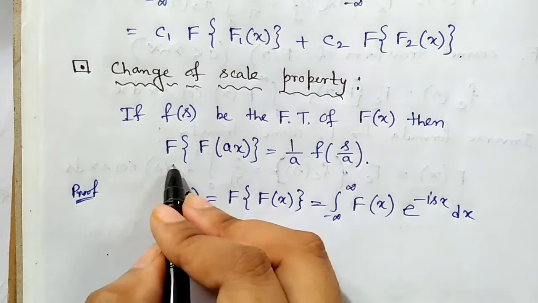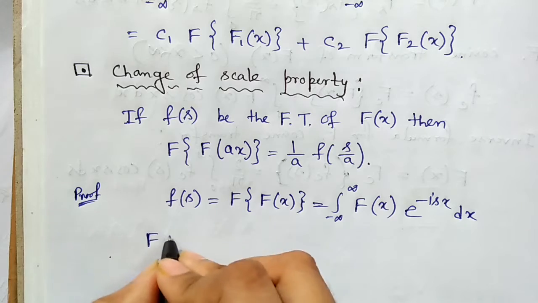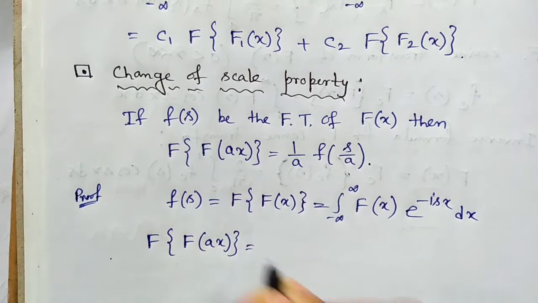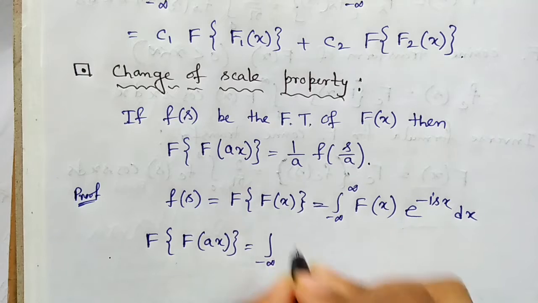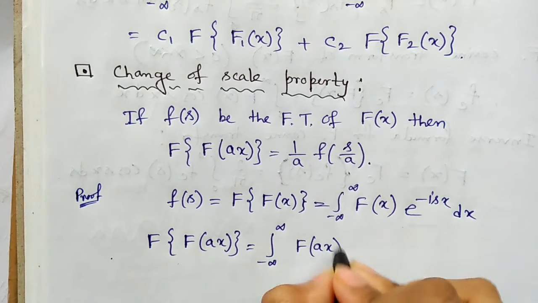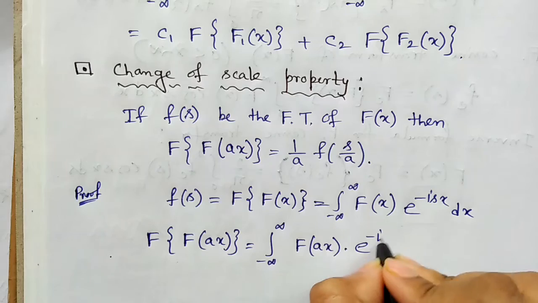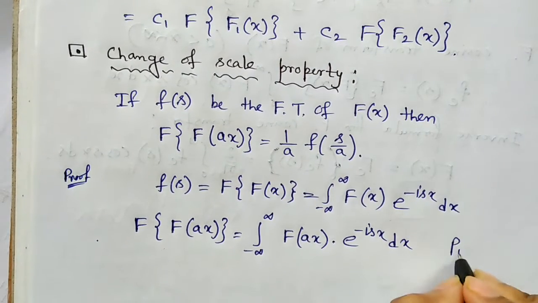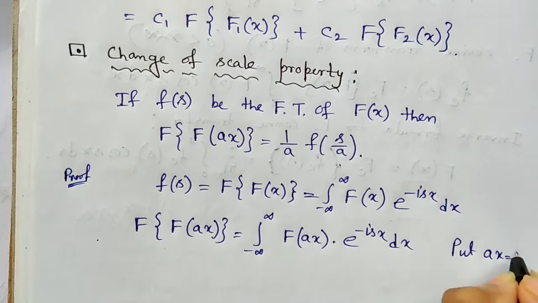Now we start from the left hand side, that is, the Fourier transform of F(ax). This is equal to the integral from minus infinity to infinity of F(ax) e to the power minus isx dx. Now put ax equal to z.